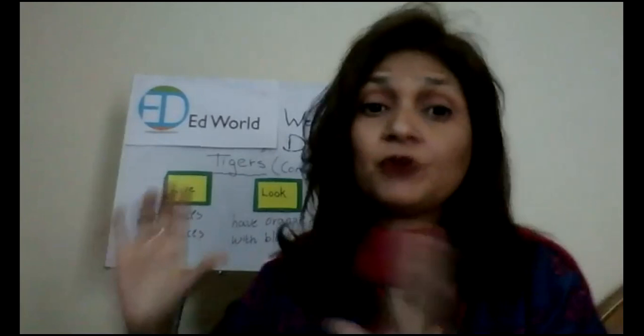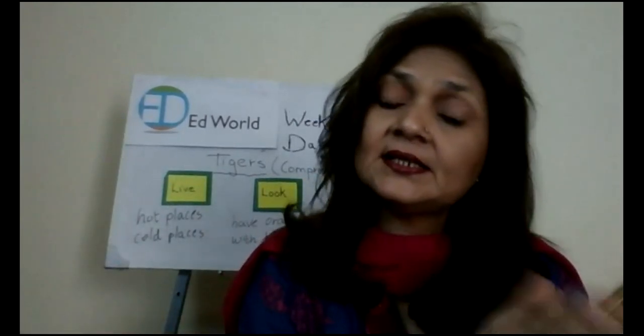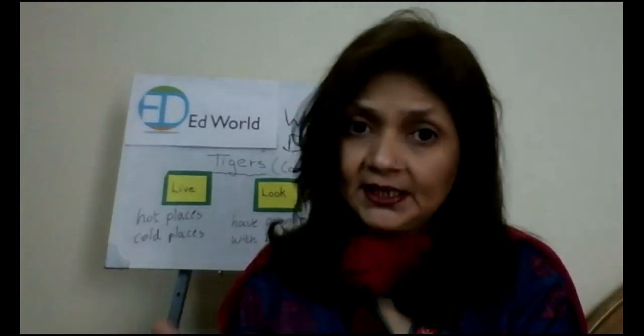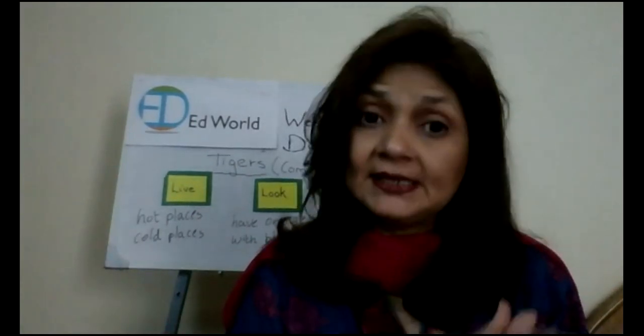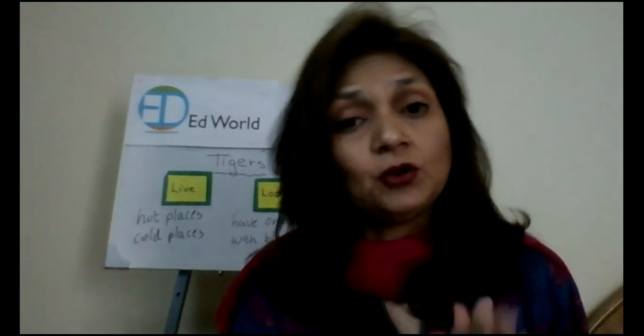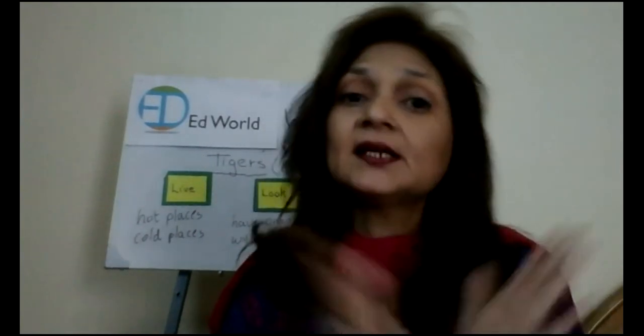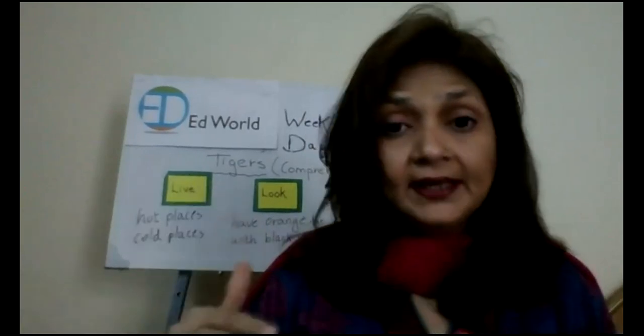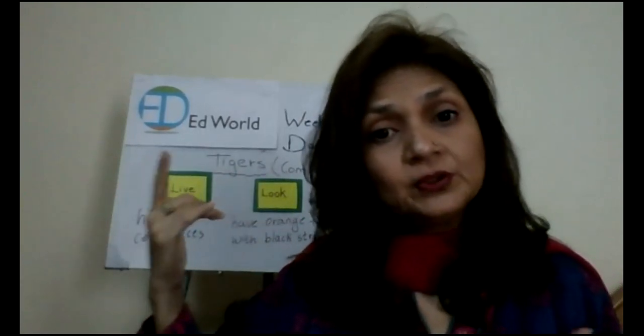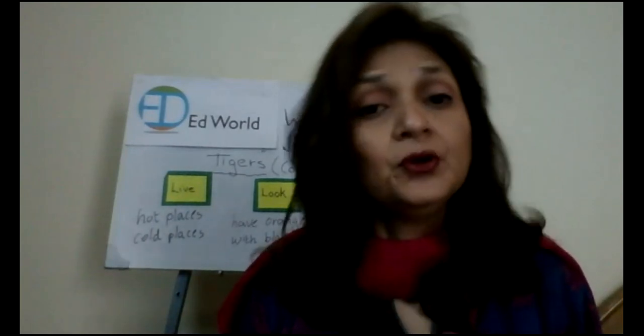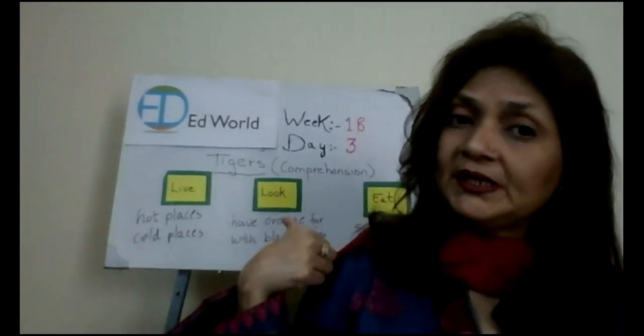You are going to gather all this information and form sentences. Like you can say, tigers live in hot places like India. Okay, but some of them can also live in cold places like Siberia. Then the next sentence: how does it look and what does it like to eat? Only a few sentences we are going to write down. So have you all copied this?